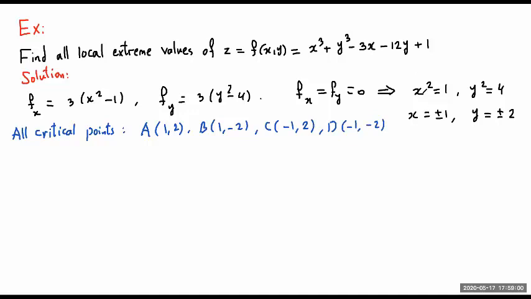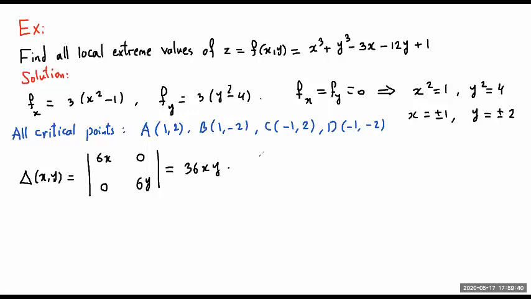Now let's calculate delta, the determinant at (x, y), which is the determinant of fxx, here 6x, here fxy, it's 0, fyx 0, here fyy, 6y. So the final answer will be 36xy.